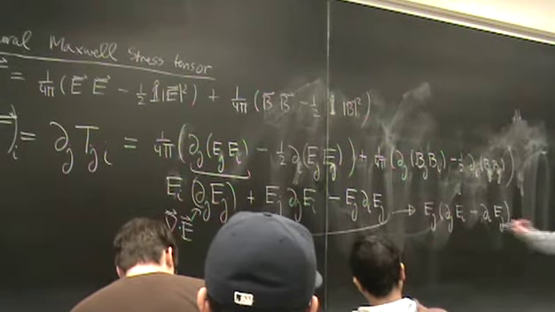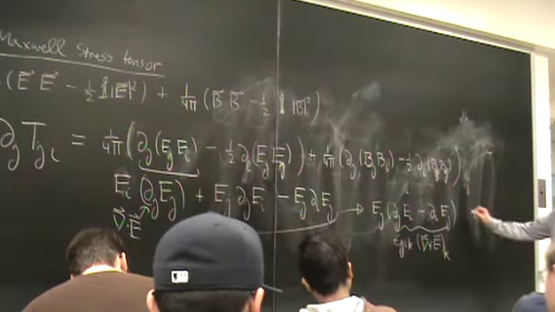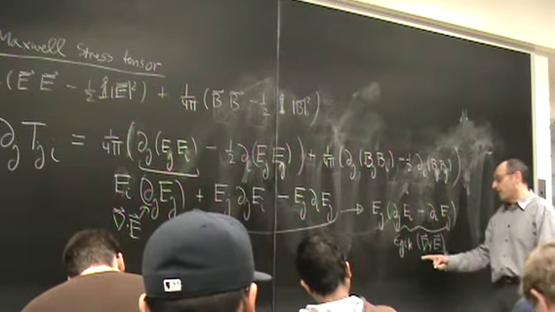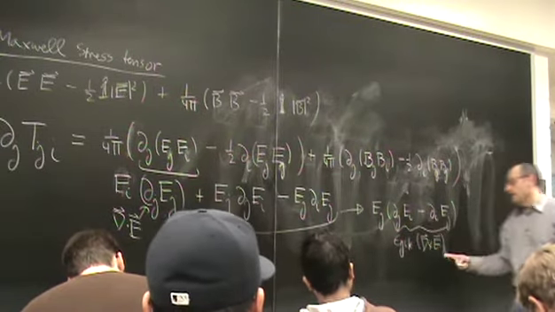So, if we sum this with the epsilons, we're going to get the cross product between E and the curl of E.